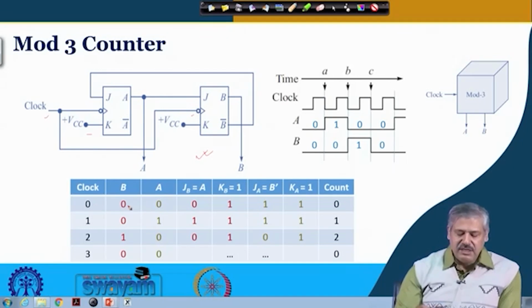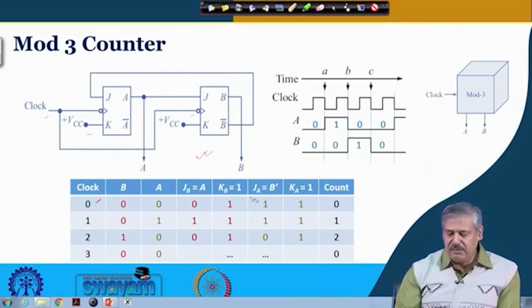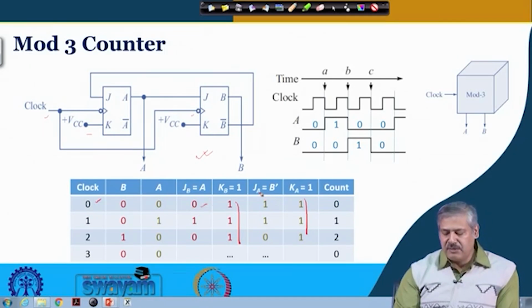Initialized with 0 0, so this is the clock. At that time JB, KB and KA are always 1, permanently connected to 1. JB is A, so A is 0 means JB is 0. And what about JA?